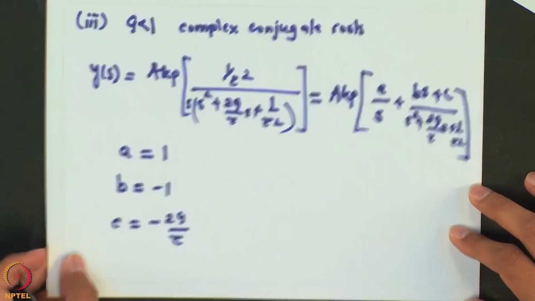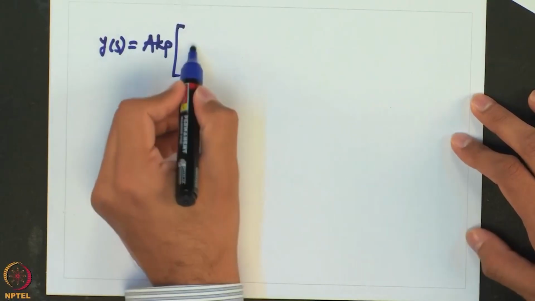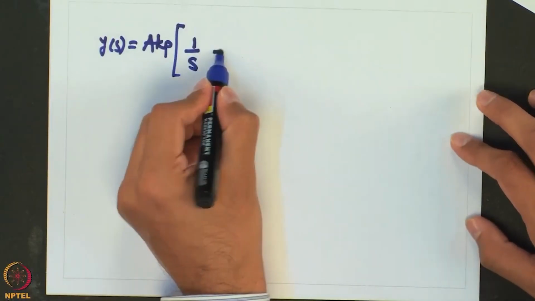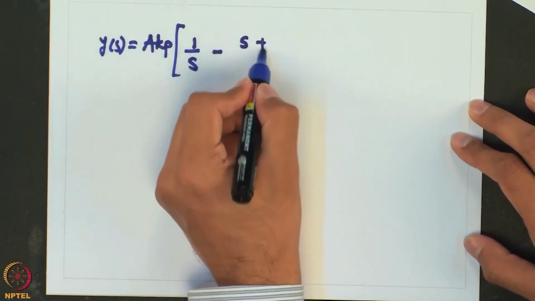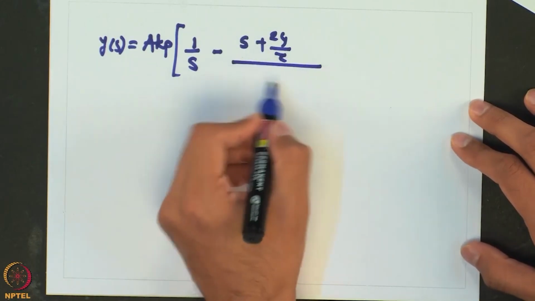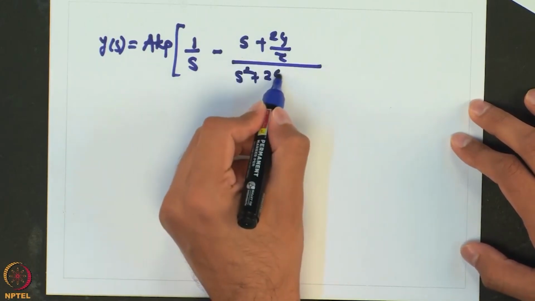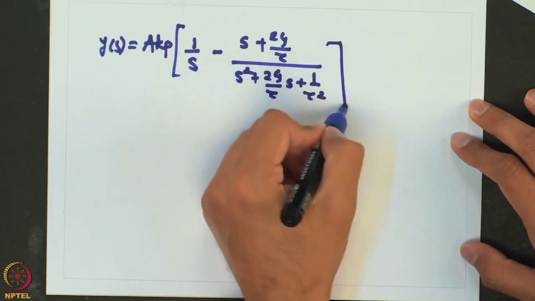So, substituting these values, what we are going to get is Y(s) is A K_p [1/s minus (s + 2 zeta/tau) over (s^2 + (2 zeta/tau) s + 1/tau^2)].